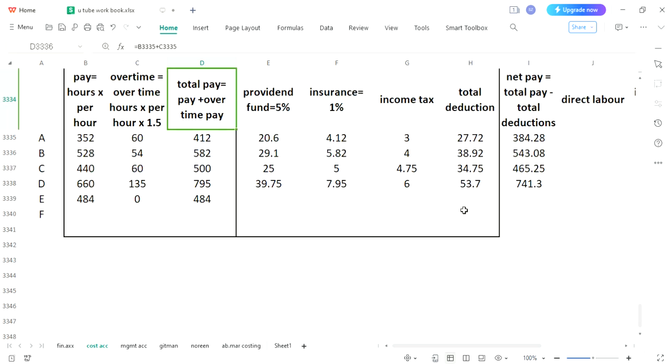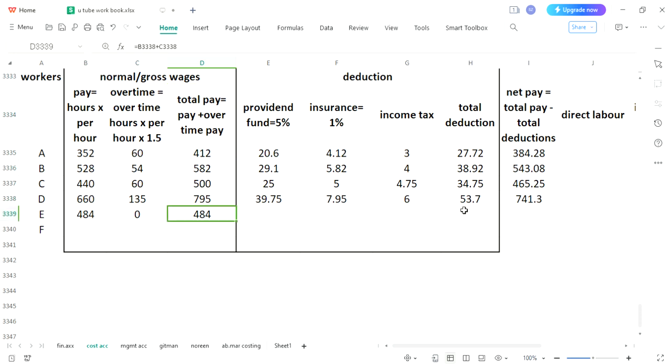Alright. Even if he has not done any overtime, provident fund, insurance and income tax would still be deducted. Amount was 484 multiplied by 5 divided by 100, 5% would be provident fund. Then insurance: 484 multiplied by 1 divided by 100.